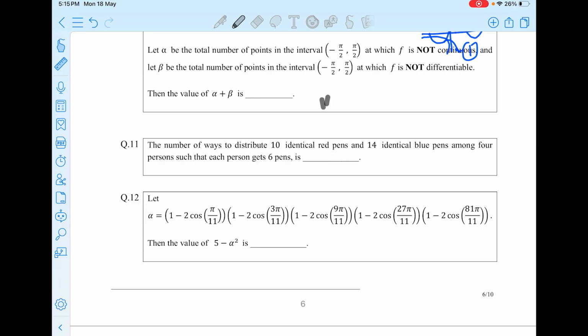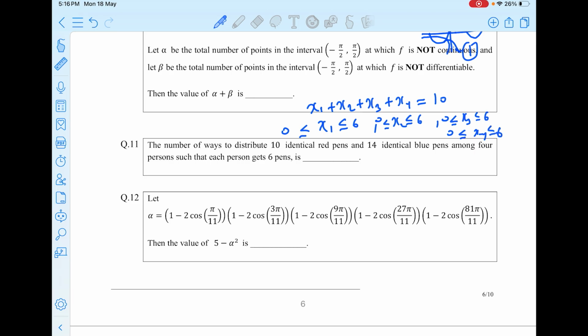For 4 persons, x1 plus x2 plus x3 plus x4 is equal to 10, where each person can take how many pens maximum? Maximum 6. Now according to that I will give them blue pens.